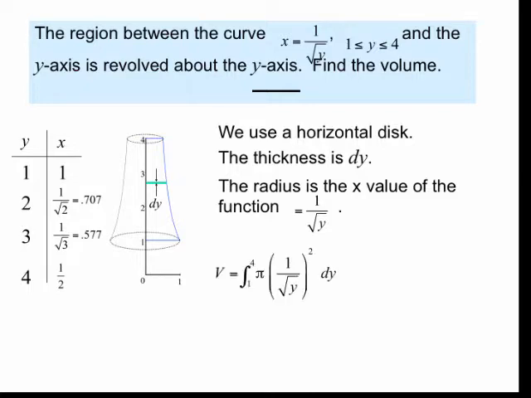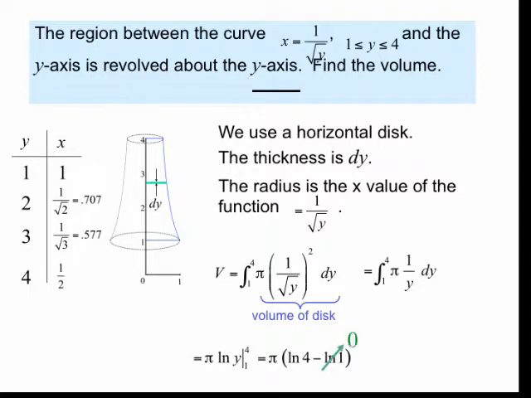Putting it together with our formula, pi radius squared, which is our cross-sectional area, times dy, which is our thickness, gives us the volume of an individual disc, and then we sum them up from 1 to 4. Then we evaluate the integral to get 2 pi ln 2.